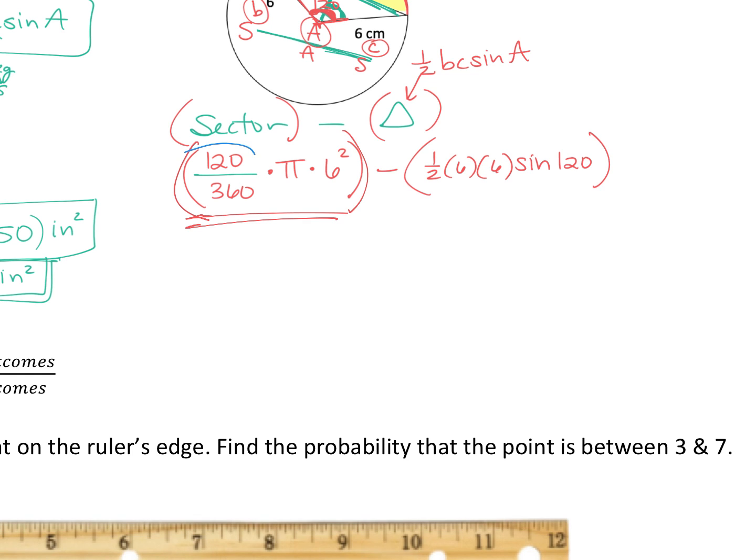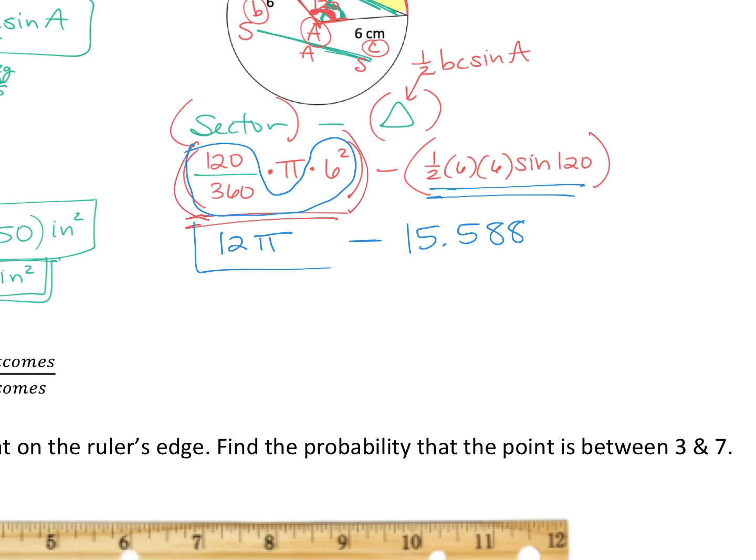So if I plug this in, I get 12 pi minus, then plug this in, that to the nearest 3 decimal places here. Remember, if it's not your final answer, don't go nearest 10th. You only want your final answer to the nearest 10th. So it looks like this, 12 pi minus 15.588.